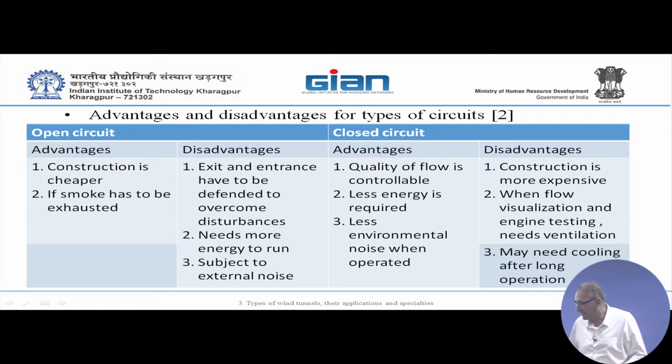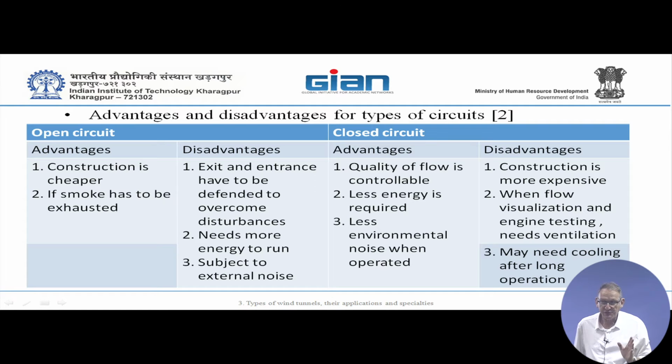Another advantage, a technical one, is that if you want to make visualizations, to inject smoke or fog, you want it to be exhausted to the outside. It's a big mistake if you make an open loop and put it in your big hall, because then the whole hall will be full of smoke. You better find a place where you can connect it to the wall and send it out of the building. That's a big advantage.